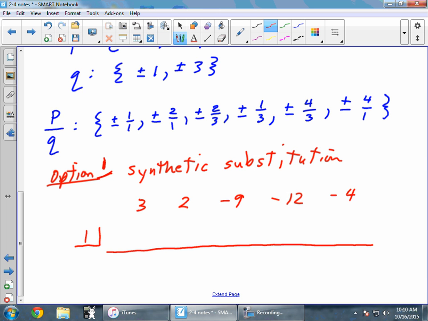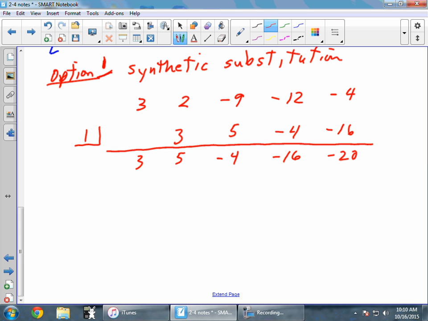And we're going to then bring down our 3. Multiplied by 1, we get 3. Add them, we get 5. Multiplied by 1, we get 5. Add them, we get negative 4. Multiplied by 1, we get negative 4. We get negative 16. We get negative 20. What does that mean?